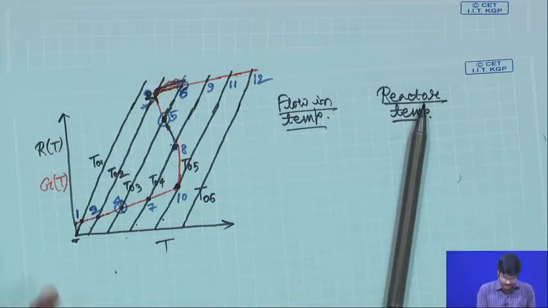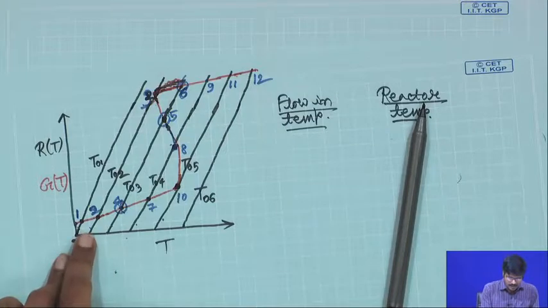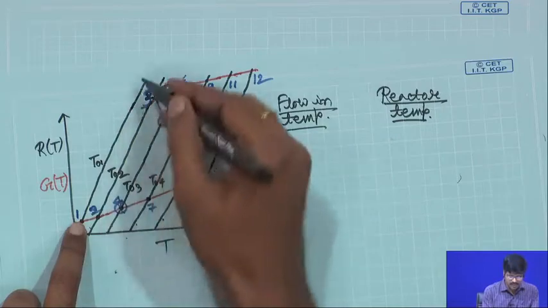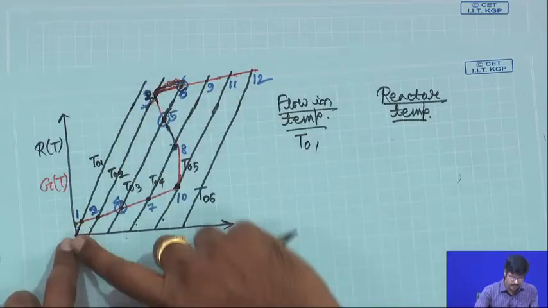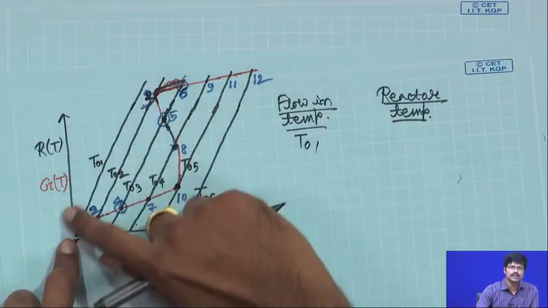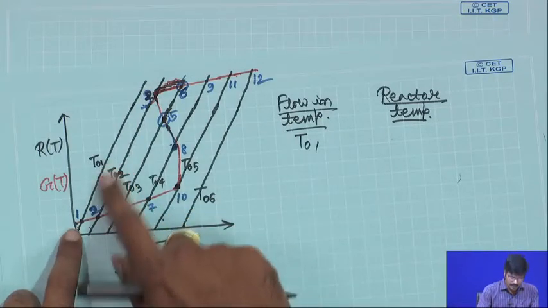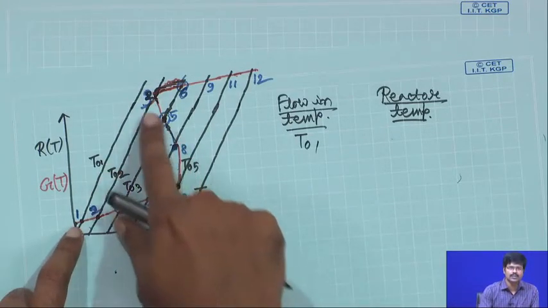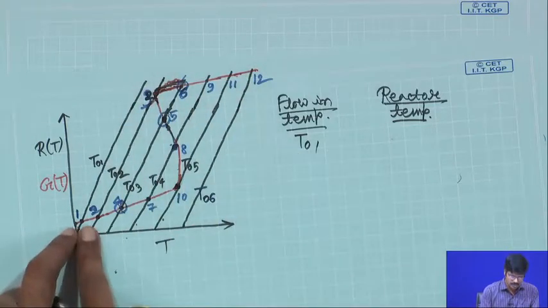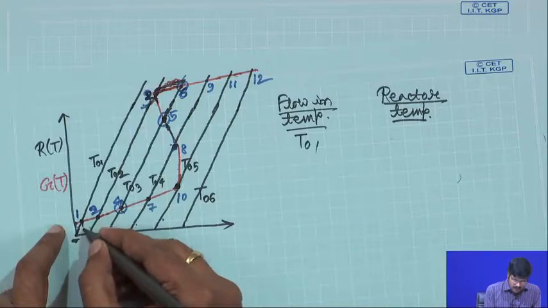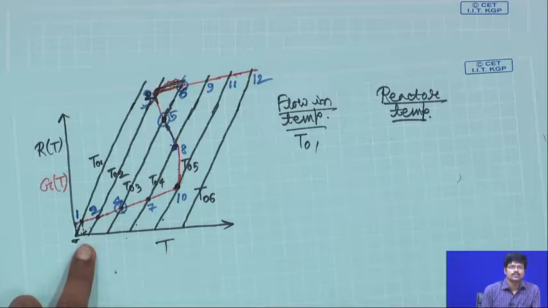Let us say you talk about this particular operating condition, where the flow-in temperature is T01. This line is generated when the flow-in temperature is T01, and this line is being cut by this red line which is for the rate of heat generation at point 1.